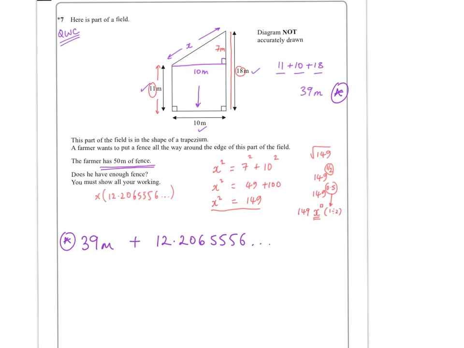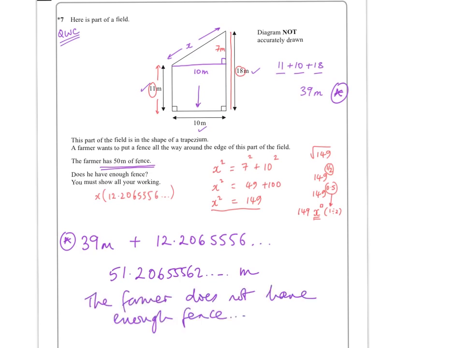So if you add those together, you will have 51.206 and so on metres. So you would say as a conclusion, does he have enough fence? And you would just say exactly what I've just written there to save your time.